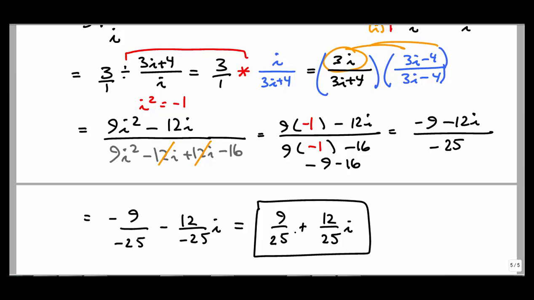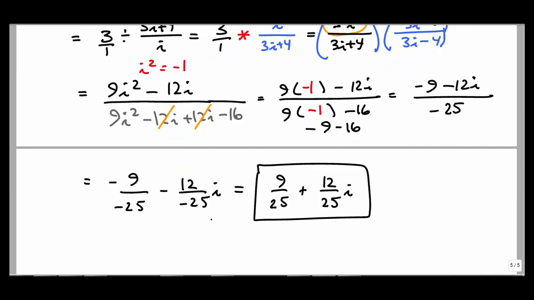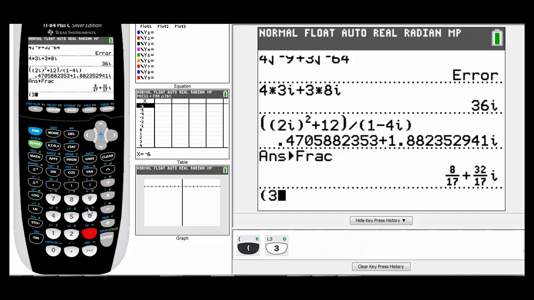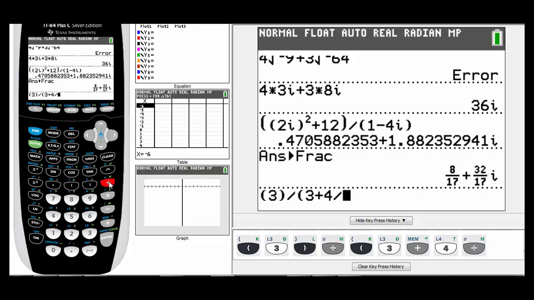Next, let's check this with our calculator. The tricky part for this one will be getting it into your calculator correctly. So let's put the numerator in parentheses, 3 over. Let's put the denominator in parentheses as well, 3 plus 4 divided by i.